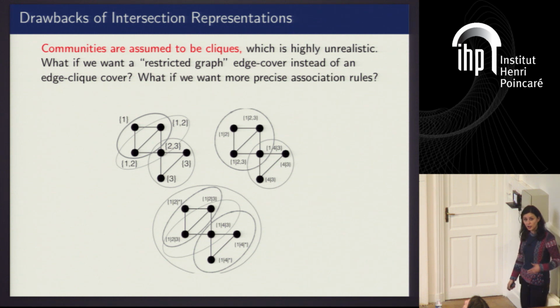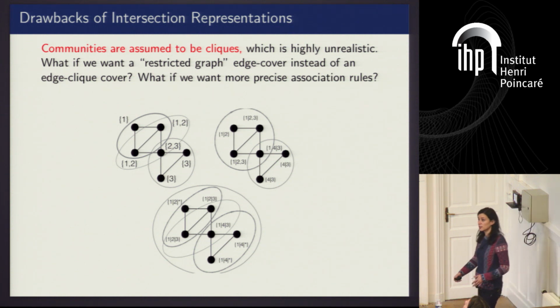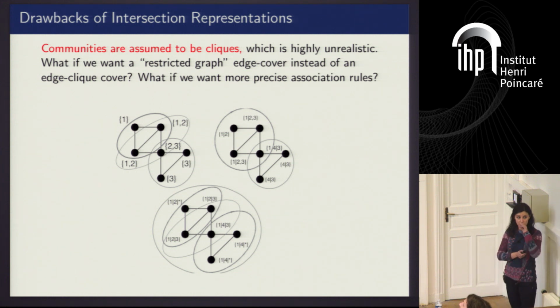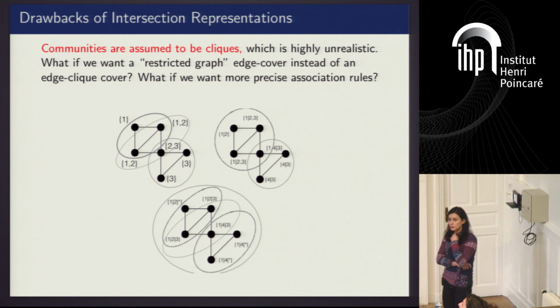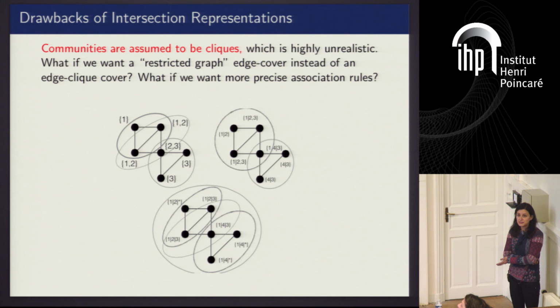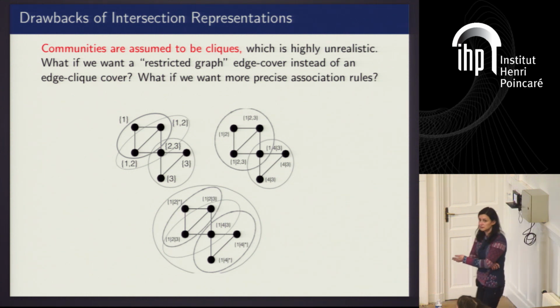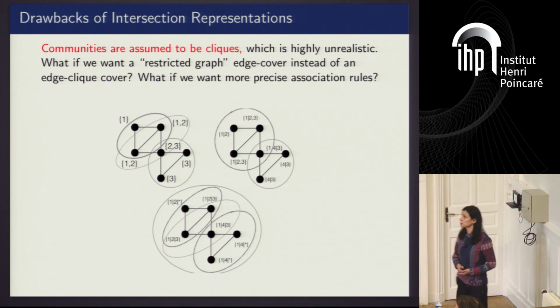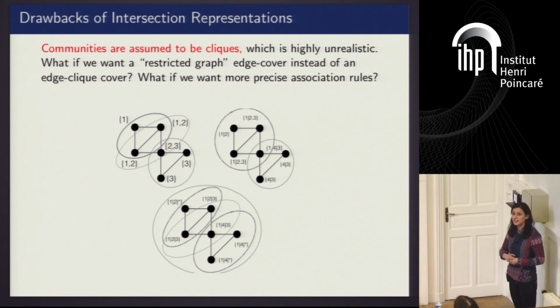So let me just go now and give you a flavor of a completely new topic in graph theory, which will go beyond this notion of intersection graphs. What bothers us from the perspective of community detection in terms of using intersection graphs? My first concern, because I really like to work with practical data sets, was that the notion of the edge clique cover is quite restrictive.